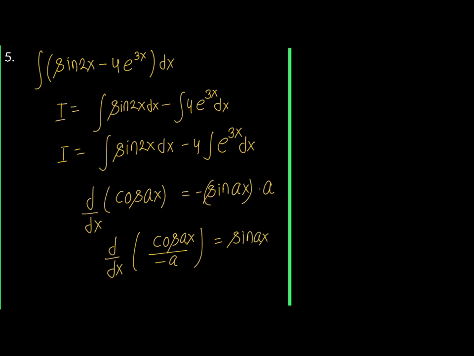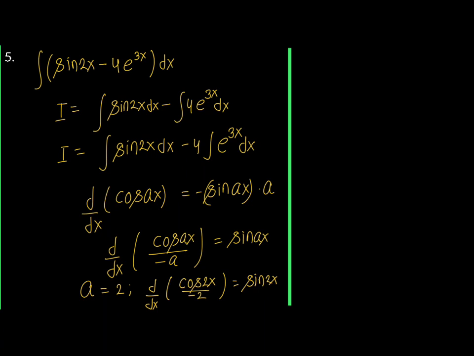If I put a equals 2, I can also write d by dx of cos 2x upon minus 2, which is equal to sin 2x. So we can write the integration of sin 2x as minus cos 2x upon minus 2.